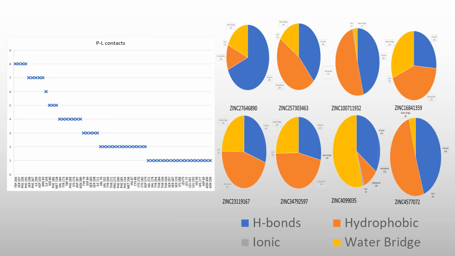to these zinc compounds. As we see here, there's 4 different residue contacts that are constant between all 8 zinc compounds that we have seen. And also with this, with the types of bonding, the top 3 are the hydrogen bonding, hydrophobic, and water bridging.